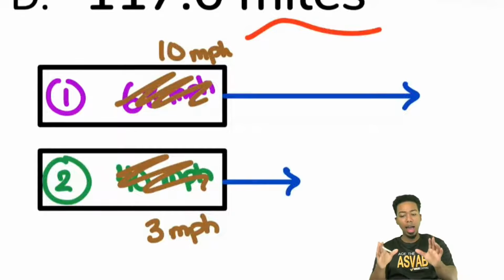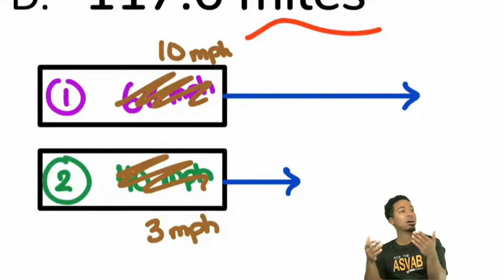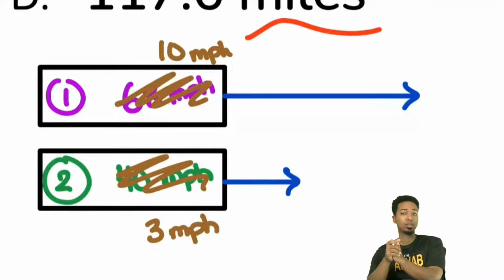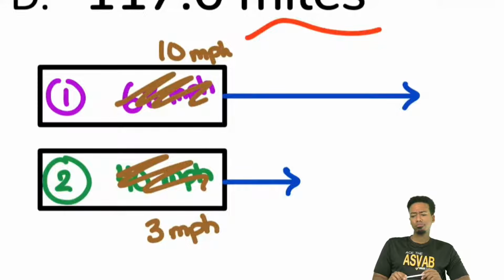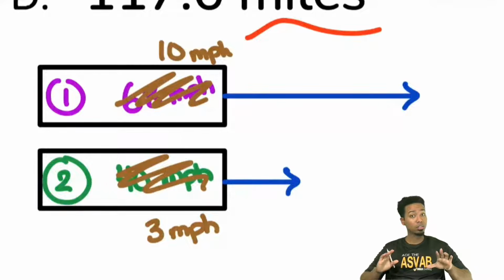So I'm going to play off of your common understanding. Everyone, if that train up top is going 10 miles per hour, after 1 hour, how far does it go? Again, 10 miles per hour. After 1 hour, how far will that train go? Evelyn, appreciate you. Yeah, after 1 hour, 10 miles.